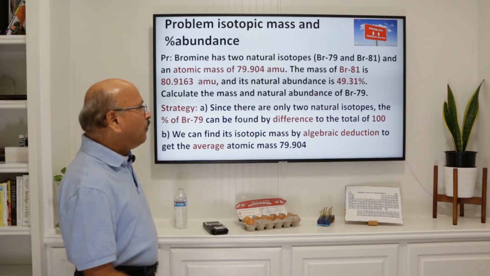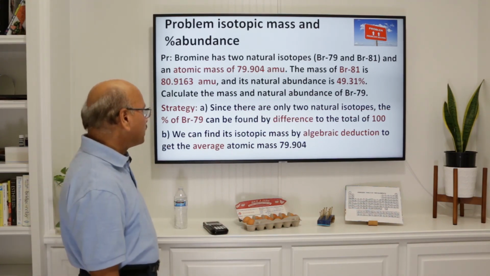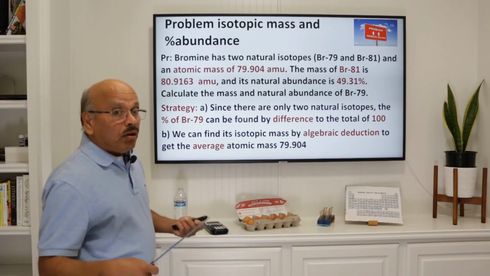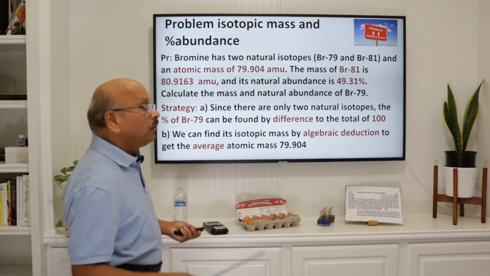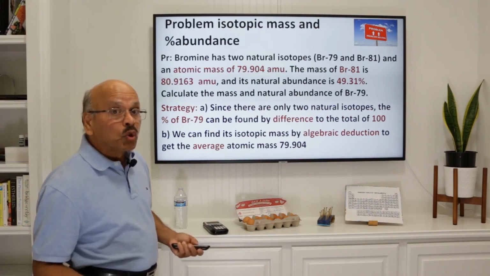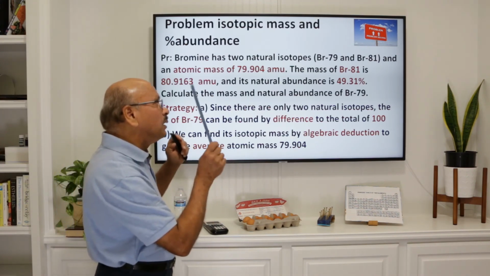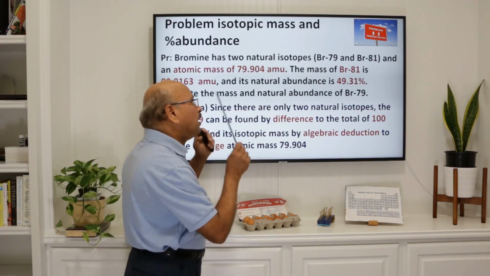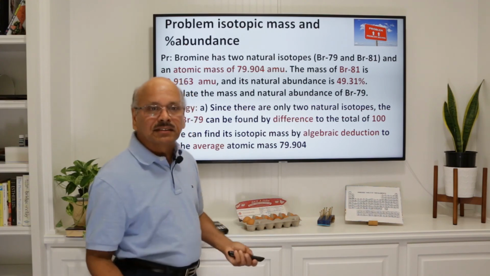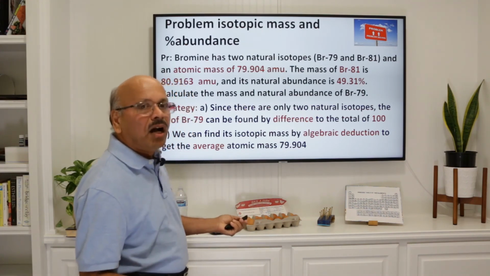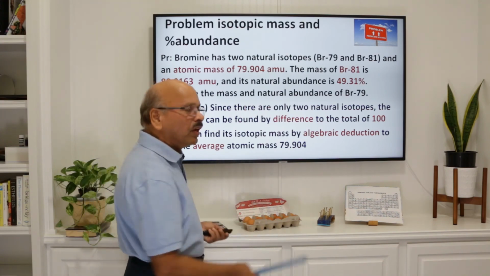So we can find the abundance by the difference. Then we can actually find the average. But the only thing which is missing is the isotopic mass of bromine 79. So you can assume the isotopic mass of bromine 79 is X, and then calculate the average by using our idea. That's an algebraic way of calculating it.